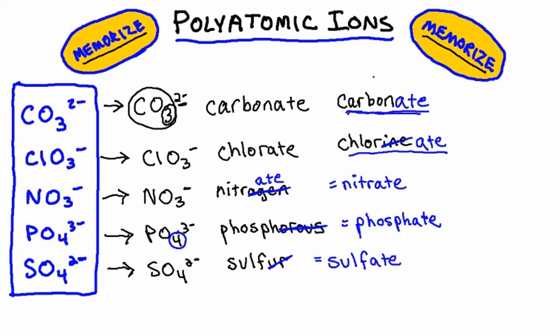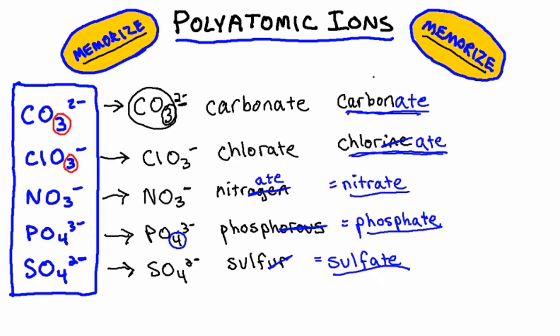So carbonate, chlorate, nitrate, phosphate, and sulfate. That means these elements that are in the word are paired with oxygen, paired with a certain amount of oxygen. And as you can see over here in the box, these have different numbers of atoms of oxygen to them.